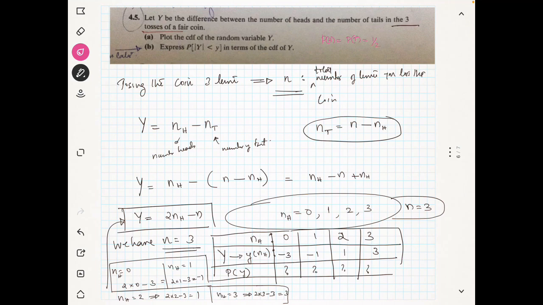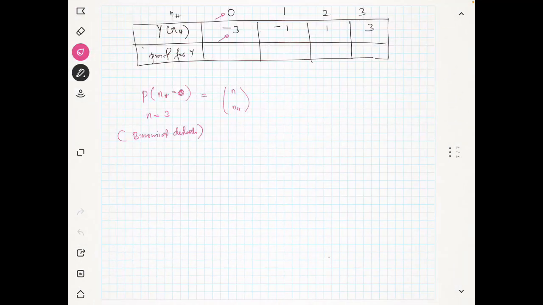The probability is p to the power nh into (1 minus p) to the power n minus nh. This is according to the binomial distribution.